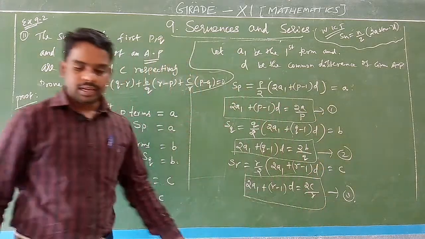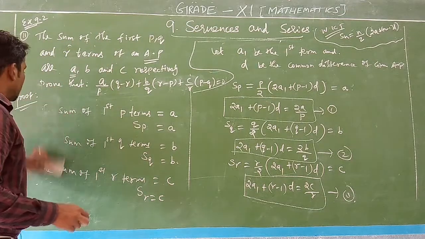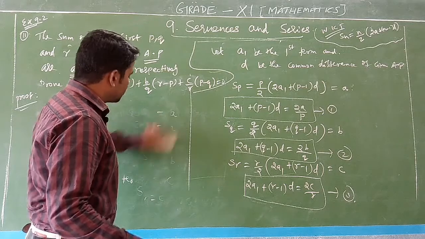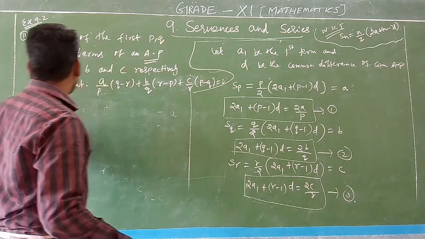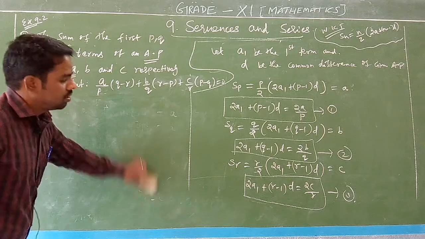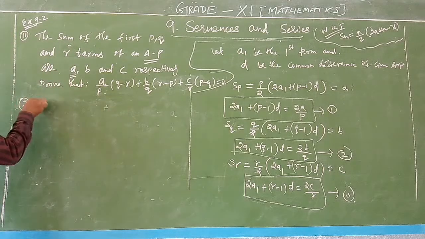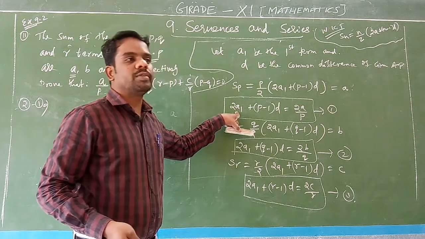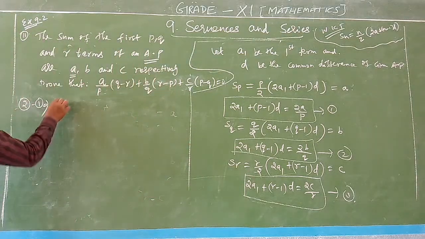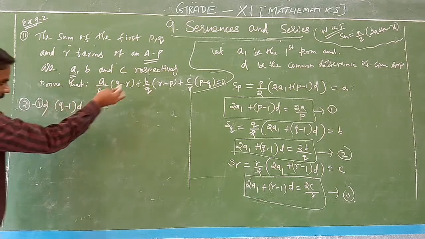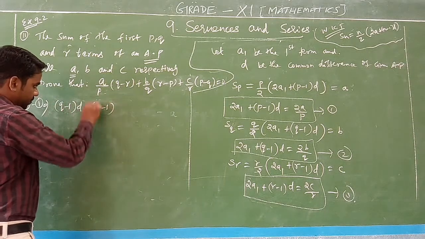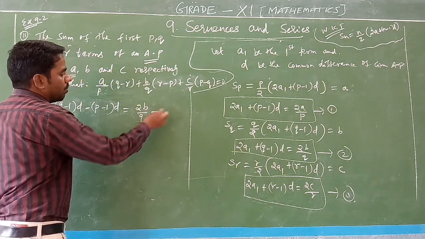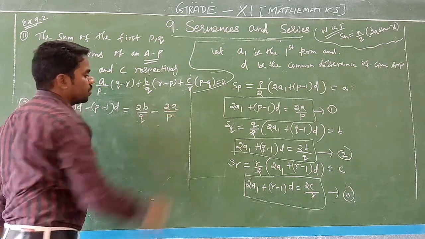Okay, right, listen. Subtract equation number 1 from equation number 2. The 2a1 terms cancel, and the second term is (q minus 1) into d minus (p minus 1) into d equals 2b by q minus 2a by p.